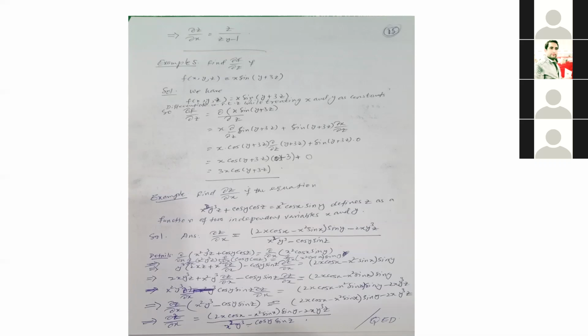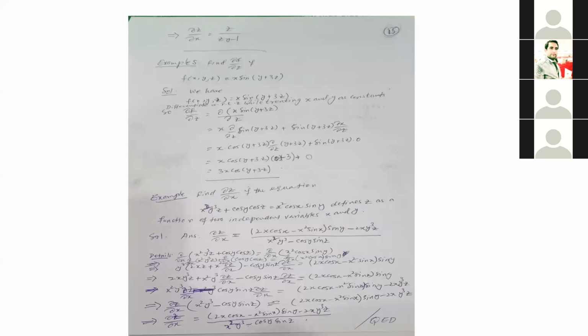So using the product rule, this can be written as x times del over del z of sine of y plus 3z, that is first term times derivative of the second, plus second term times derivative of the first one.